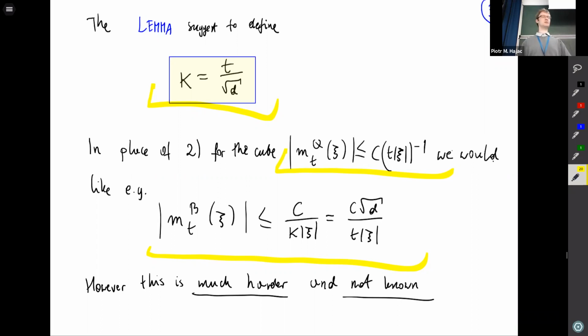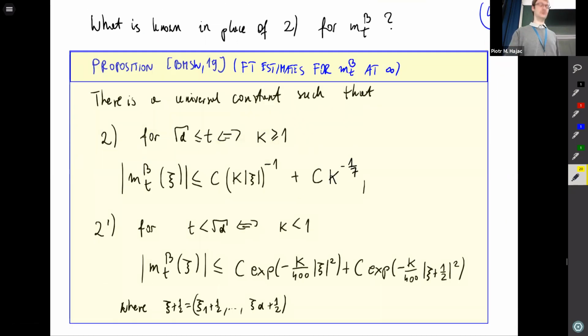But the problem is that we can't prove it. We can prove something weaker, which gives some weaker result, but not this one. And we don't know if it is true. Maybe it's not true in the small scale, because some hints suggest that it's not true, but still we don't know how to prove this one. But we are able to prove something weaker, which is enough for some purposes.